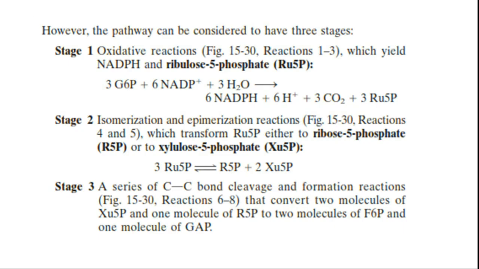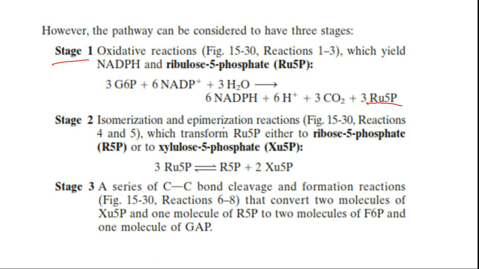Here we can see 3 stages. In stage 1, as I told you, oxidation reduction reactions happen, which provide us NADPH. Here glucose 6-phosphate is oxidatively decarboxylated to give us a 5-carbon sugar, ribulose 5-phosphate.